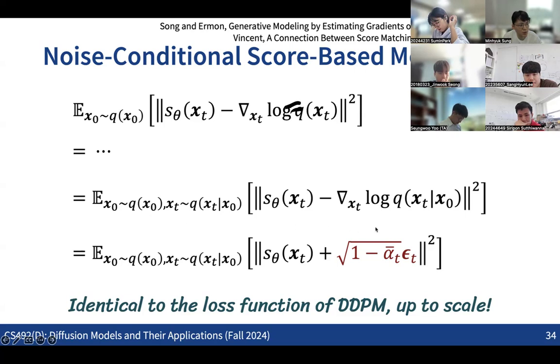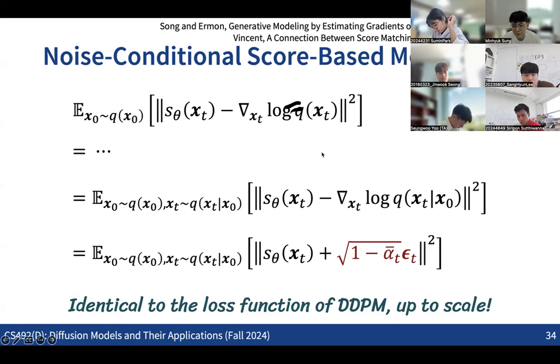Training this score prediction network becomes the same as predicting the noise using the noise prediction network in the DDPM. So this is not just similar to the reverse process or the noise prediction network in the DDPM, but actually becomes identical once you make the data distribution perturbed.